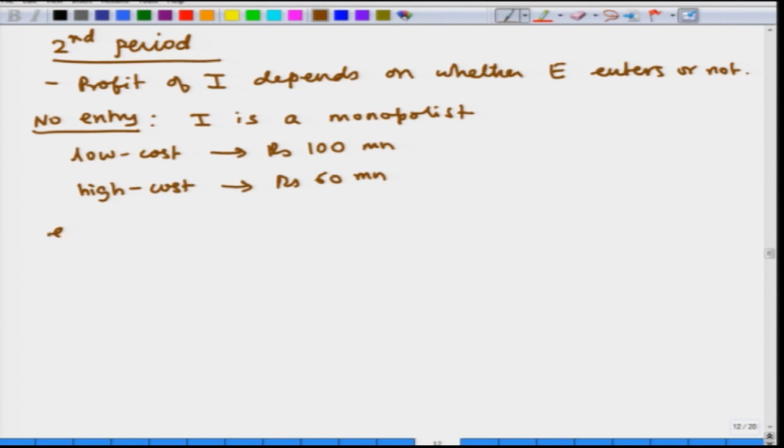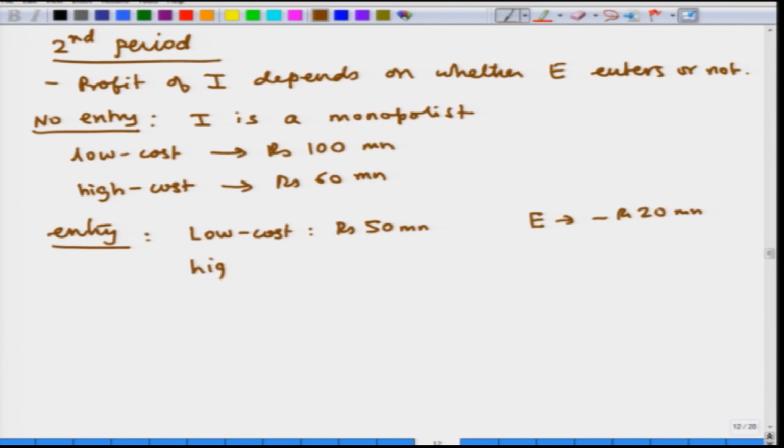Okay. If there is entry, right, then there is going to be competition between the entrant and the incumbent. So, if it is a low cost firm, it earns rupees 50 million, whereas the entrant earns a profit of minus rupees 20 million, whereas if the incumbent is a high cost firm, it earns a profit of 20 million, whereas the entrant also earns a profit of 20 million, right.